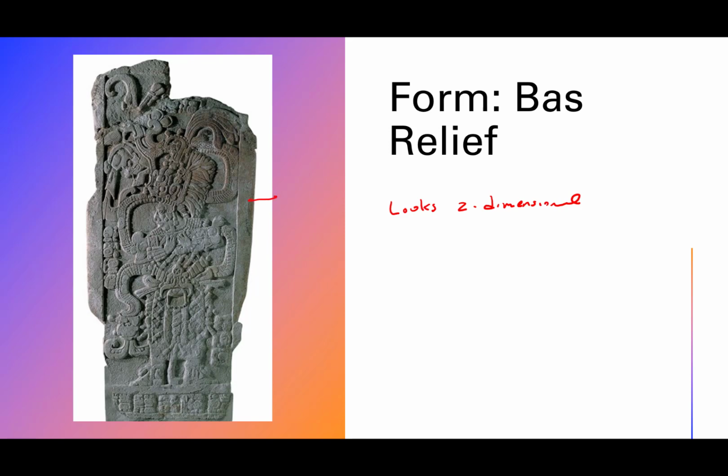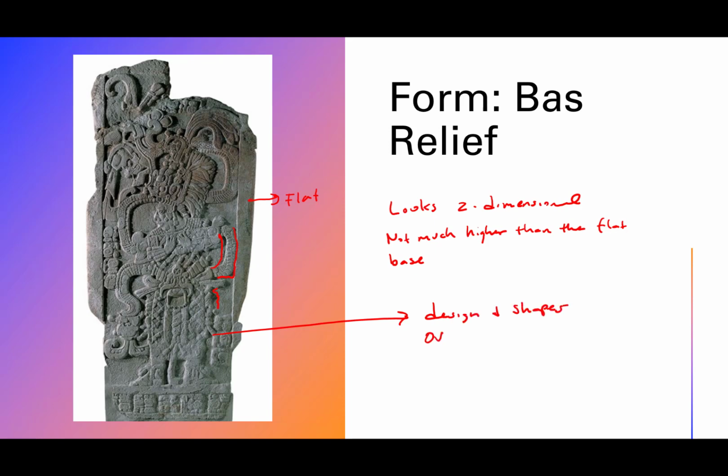One, it's the flat background, but this part here is barely raised, right? It's not much higher than the flat base. So the point is that the focus becomes on the design and shapes over the form.